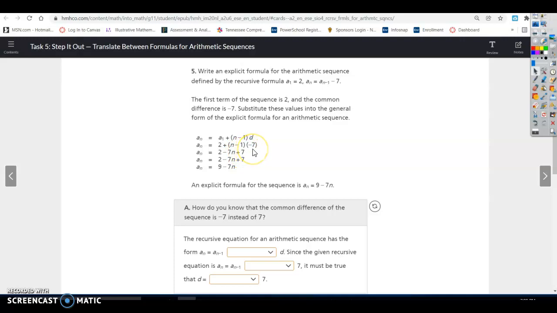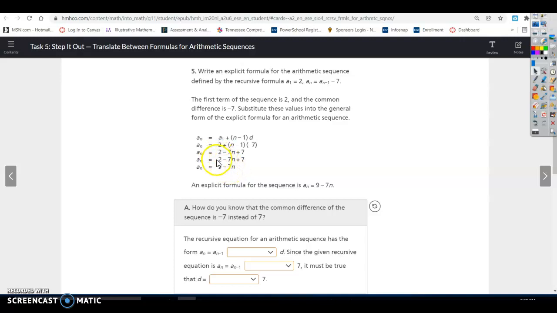You need to distribute the negative 7. Negative 7 times n is negative 7n. Negative 7 times negative 1 is plus 7, since a negative times a negative makes a plus. Then you can combine like terms. Your 2 and your 7 do not have a variable, so you can combine those and get 9. Then just bring down your negative 7n.